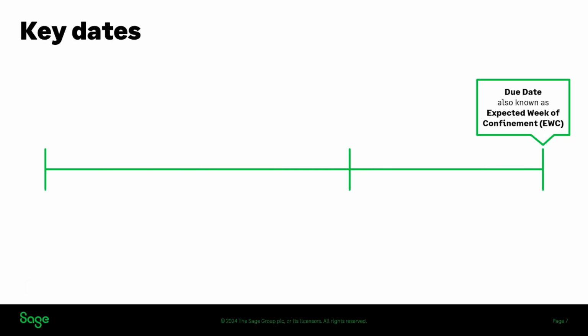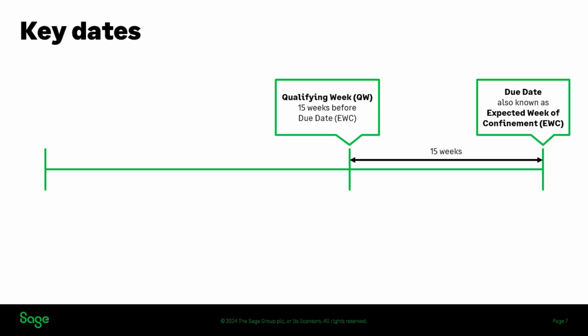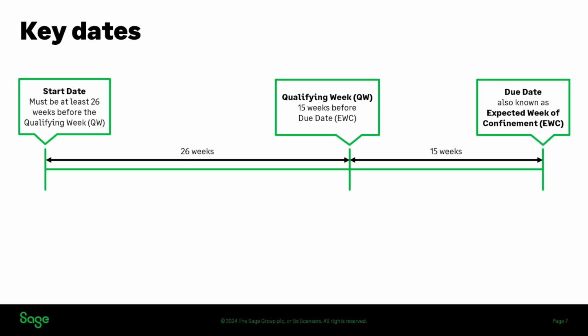So a quick look at the key dates involved in SMP calculations. We're going to count back from the due date, also known as the expected week of confinement or EWC. And if we go back 15 weeks, that takes us to the qualifying week. And then if you count back a further 26 weeks, that takes you to the latest start date for the employee to qualify for this payment.